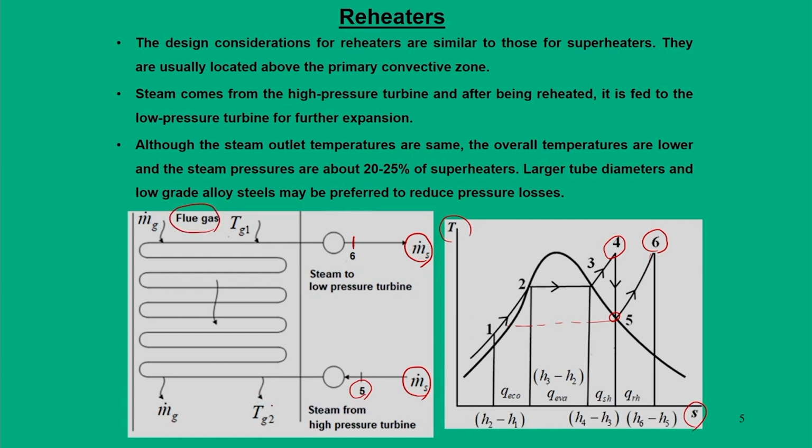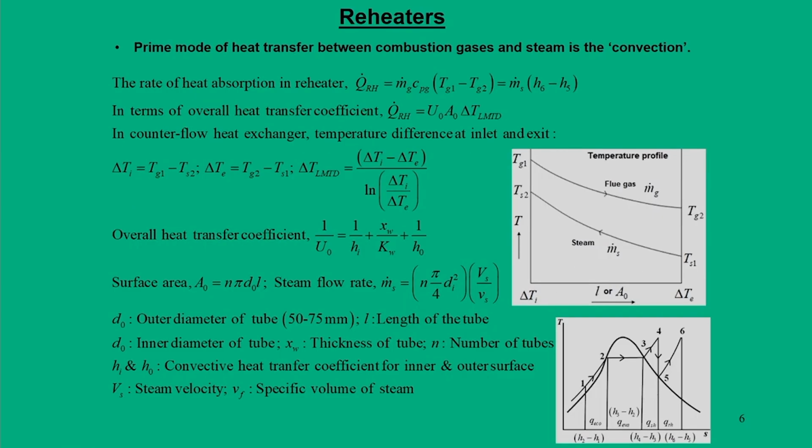After the heat addition, this temperature drops to Tg2. The entire heat addition is done through the mass of flue gas m dot g. Our main topic of attention is to analyze this heat exchanger circuit.